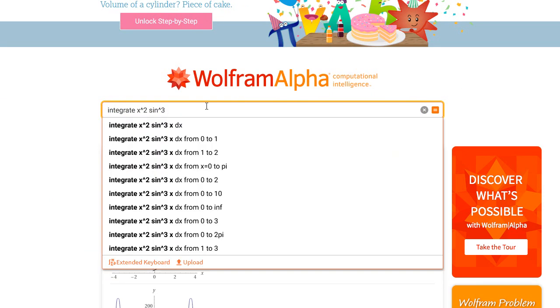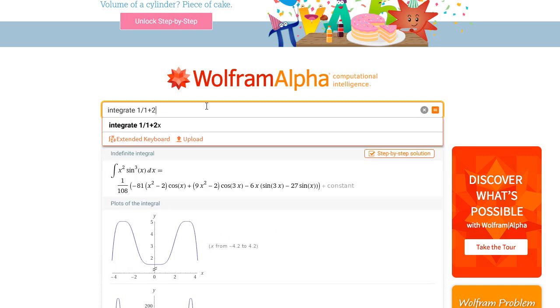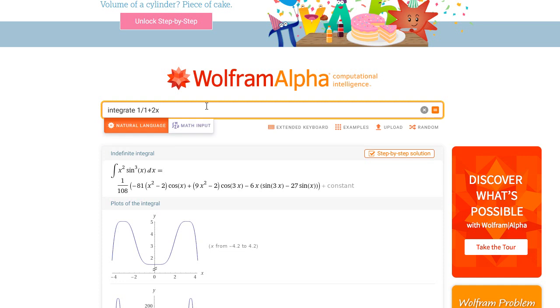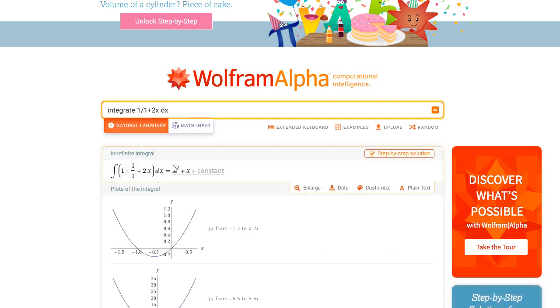So we want to type integrate, tell it what we wanted to do, and then 1 divided by 1 plus 2x dx. So with respect to x, and I'm just going to hit enter. Now I want to make sure that it interpreted that properly. Now it did 1 times 1 over 1 plus 2x.